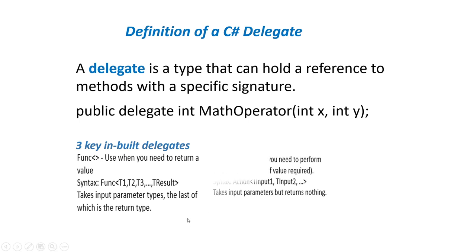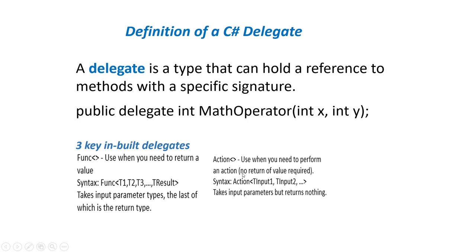The other one is the Action delegate. You use the Action delegate when you need to perform an action and you don't need any value to be returned. The syntax is Action, and then you have the input parameters, and that's it. There is no result parameter in the Action delegate, because it is just for you to take an action.